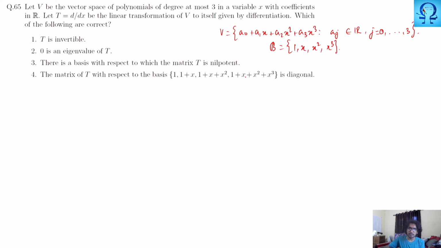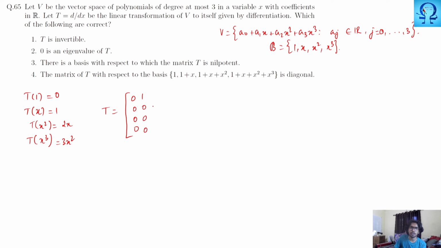This is the standard basis, right? And what is T of 1? Derivative of 1 is 0. What is T of x? 1. What is derivative of x squared? That is 2x. What is derivative of x cube? That is 3x squared. And when we put this in a matrix form, we are going to get 0, 0, 0, 0, 1, 0, 0, 0, 0, 2, 0, 0, 0, 0, 3, 0.